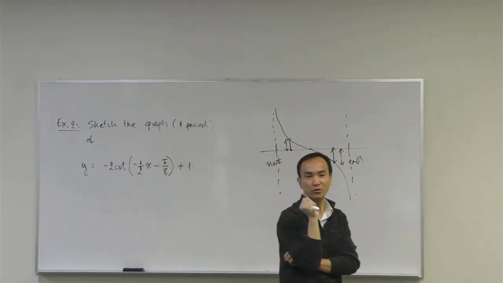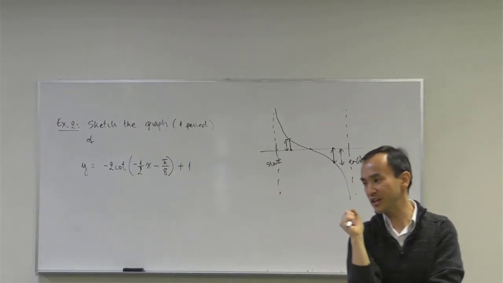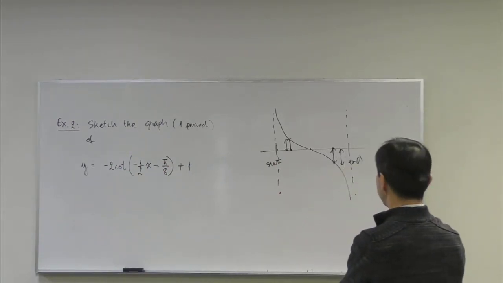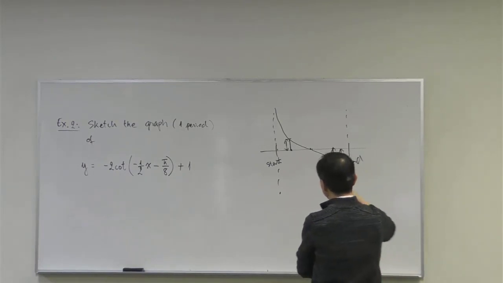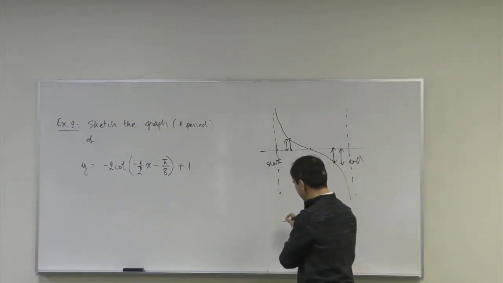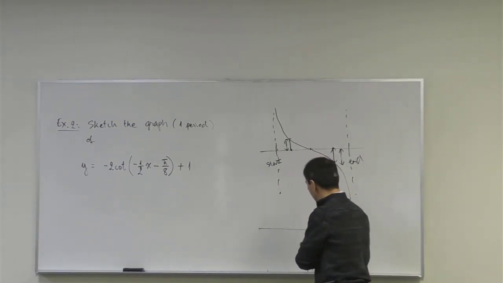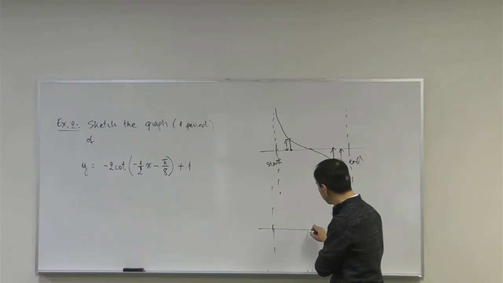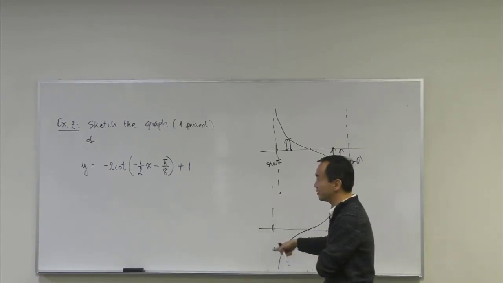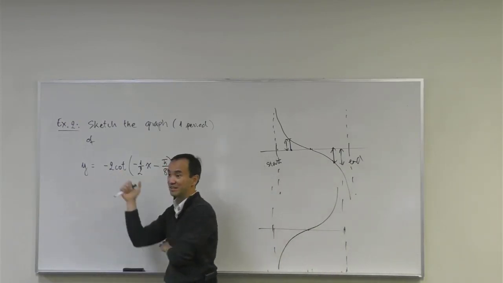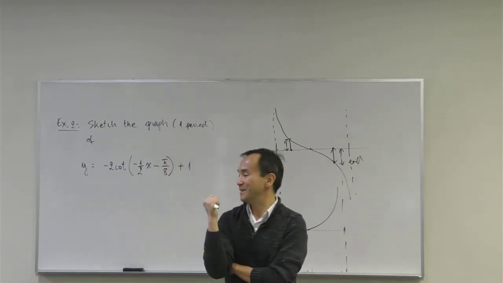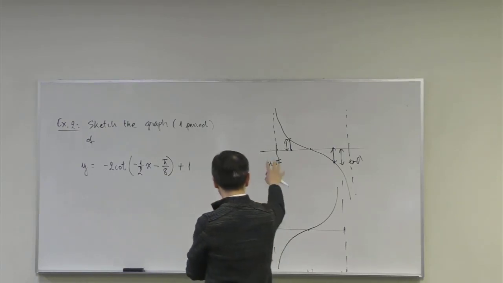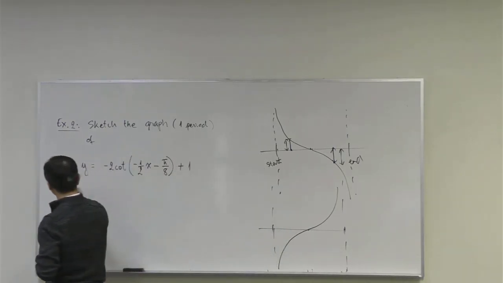So we can use that as a way to check for consistency in terms of the scaling. But in the end, the picture of the cotangent is what's important for us. And then there are some cases where our cotangent graph will have to be flipped upside down, reflected through the center line, due to some negative coefficient, which we can get to later. But that's just two possible pictures. So let's get to it.